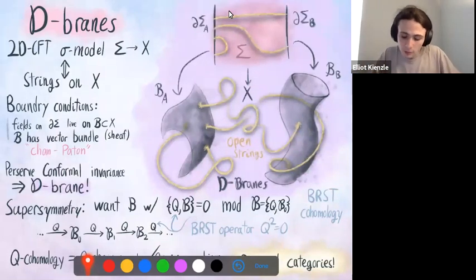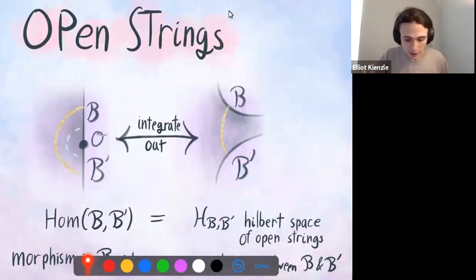Now, we need a little bit more stuff about the notion of these strings that we're going to use later. So again, the notion of open strings. Let's recall what we had as our functor: a point operator put on the boundary acts as a morphism from the brane here to a different brane.